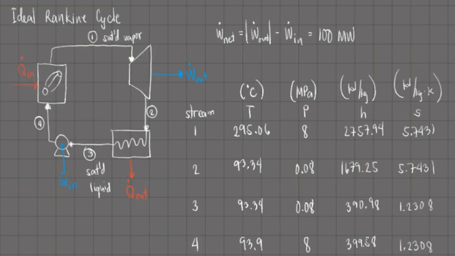The first unknown is the thermal efficiency of the cycle. As we have discussed earlier, the thermal efficiency of a Rankine cycle is equal to what you get over what you paid for. What we get is the net work generated in the process, and that is the absolute value of the work generated by the turbine minus the work consumed by the pump, divided by what we paid for, and that is the heat absorbed in the boiler.